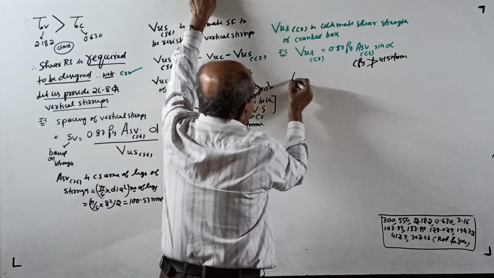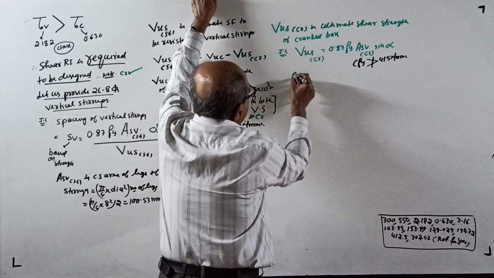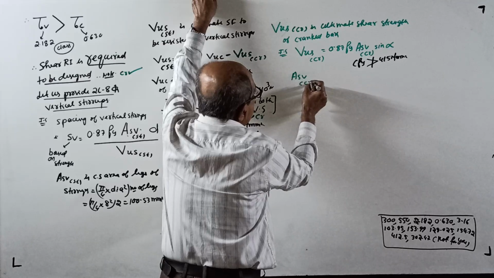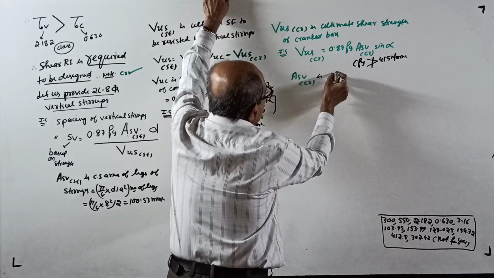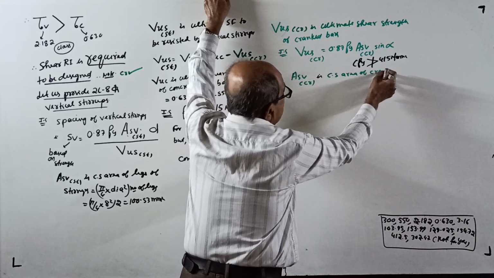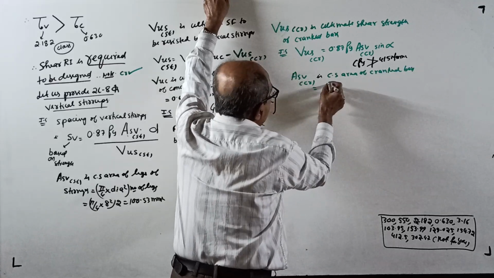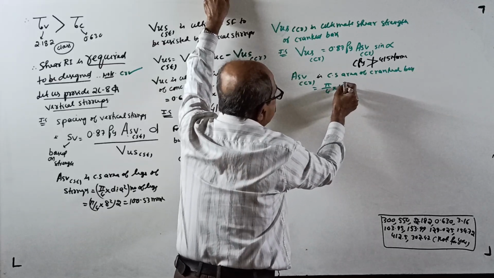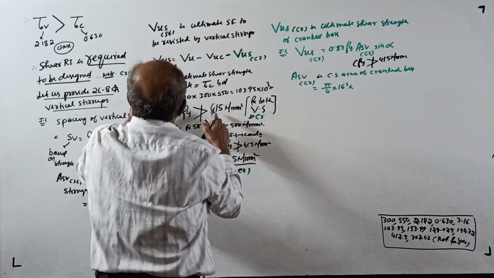ASV CR is the cross-sectional area of cranked bars, equal to pi by 4 of 16 square. They told 3 cranked bars are there, correct?